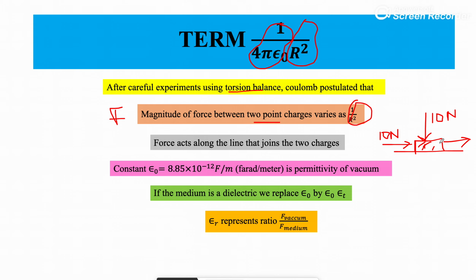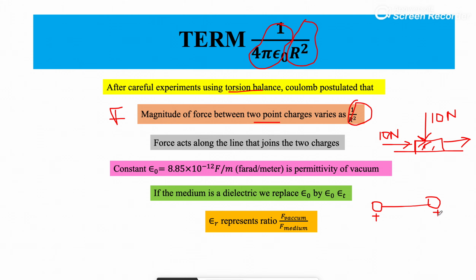And the direction which Coulomb's law found was that the force acts along the line that joins the two charges. Okay, so you have two charges over here, drawn on a line. If you assume that both of them have the same sign, this is positive and this is also positive.